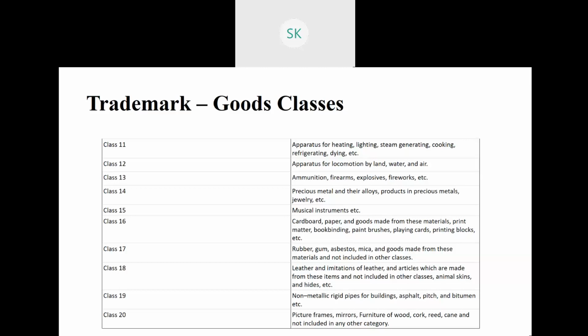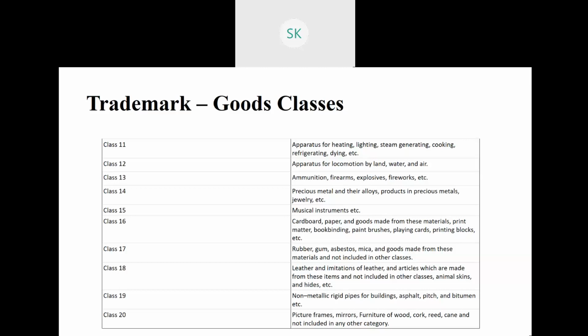Then class 19 classifies the non-metallic rigid pipes for buildings, asphalt, pitch, bitumen. This may be in the construction of civil engineering areas like building roads or the pipes used in the canals.